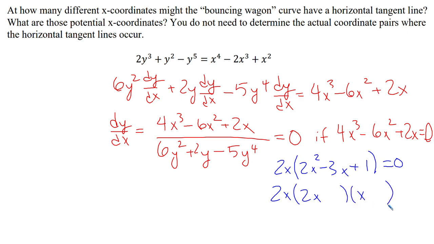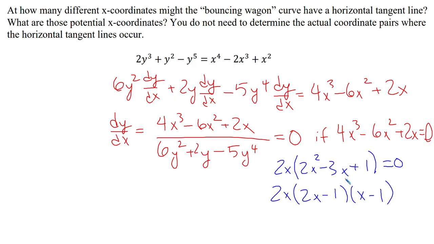And to get a positive 1, we're either going to need two positive 1s to multiply or two negative 1s. Well, it's pretty obvious that to get a negative 3x in the middle, we're going to have two negative 1s, and since they're both negative 1, it doesn't really matter where we put them. So we're going to have (2x minus 1) and (x minus 1). And we'll confirm: 2x times negative 1 is negative 2x, and negative 1 times x is another negative x. So that gives us the negative 3x that we needed in the middle.